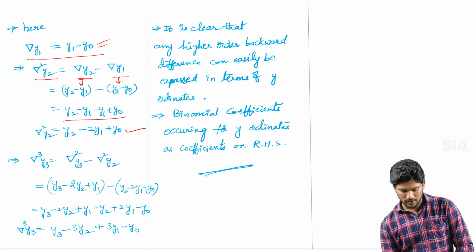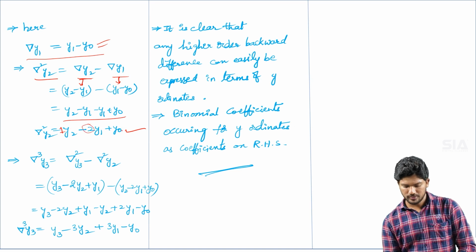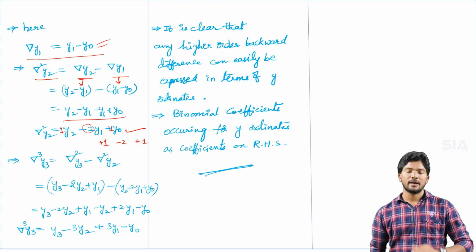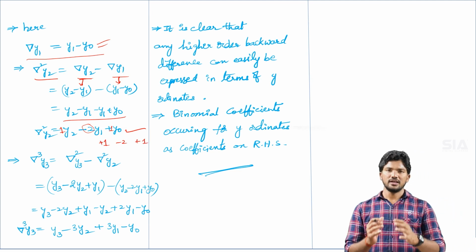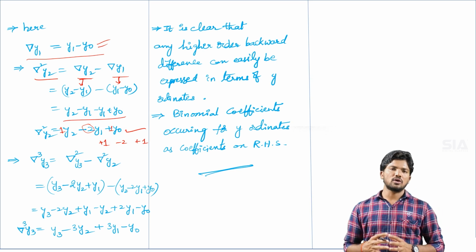Here y2 coefficient is 1, y1 coefficient is minus 2, and y0 coefficient is 1, that is plus 1, minus 2, plus 1. These all are the binomial coefficients. Corresponding values of small y get the binomial coefficient values.